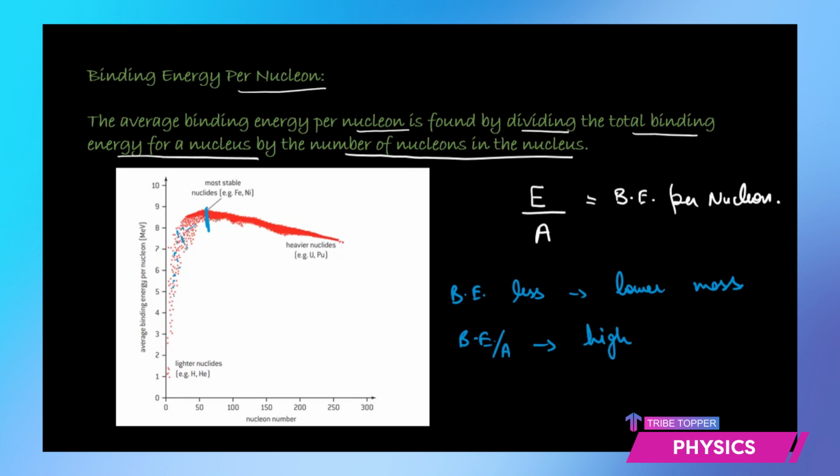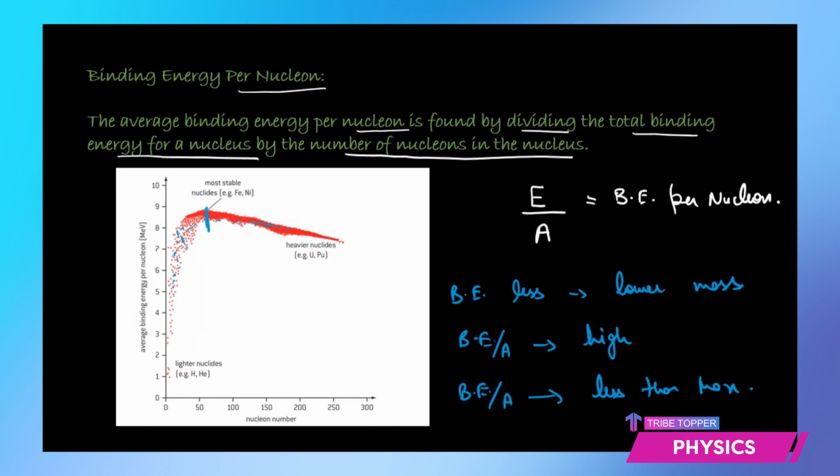But as you proceed towards even heavier nuclei, because of the uneven distribution of neutrons and protons, sometimes the neutron number is higher or the proton number is higher, the binding energy per nucleon again decreases. So that is again less than the maximum binding energy. This is how the average binding energy per nucleon varies starting from the lighter nuclei towards the heavier nuclei.